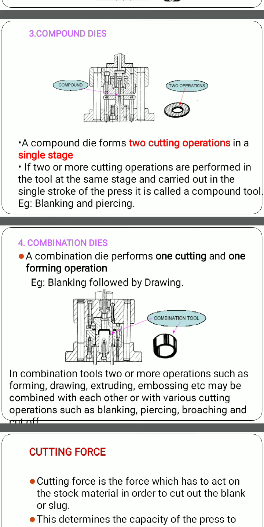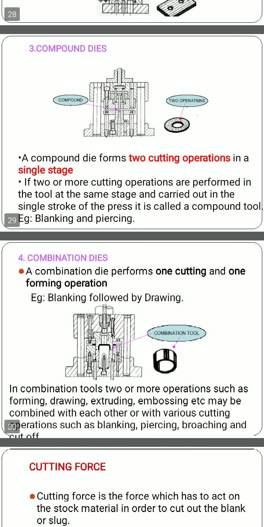For example, you can see here the component is a washer. It can be made through a progressive die and also through a compound die. In the compound die, both the blanking operation and the piercing operation take place at one time.